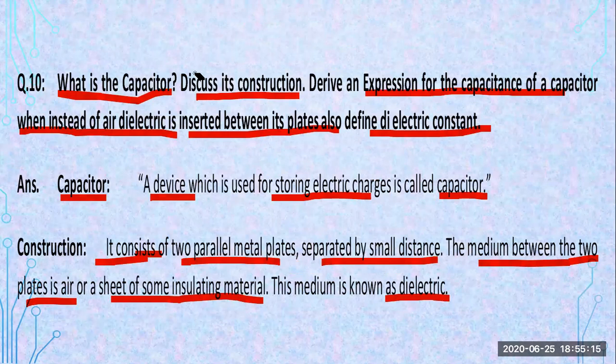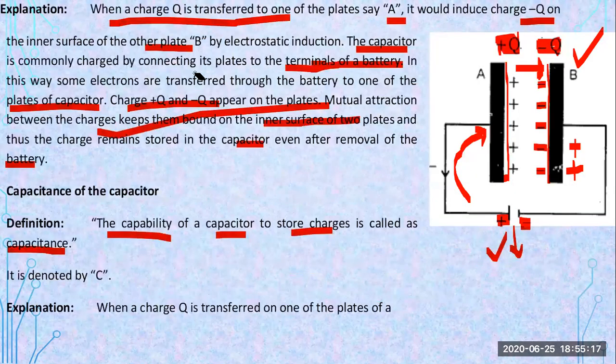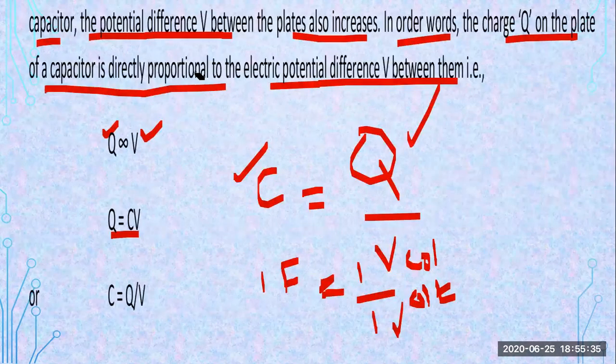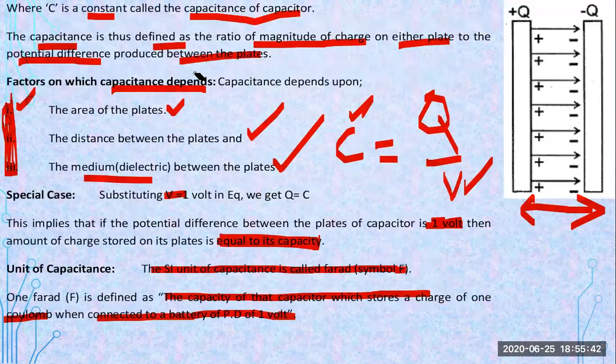Then we discussed the construction of capacitors, and we explained how charges are stored on the plates and what factors are at play in storing the charges. Then we defined the capacitance of the capacitor, and discussed the mathematical formula for capacitance, and then its unit. We discussed the factors it depends on: area of the plates, distance between the plates, and the medium between the two plates.